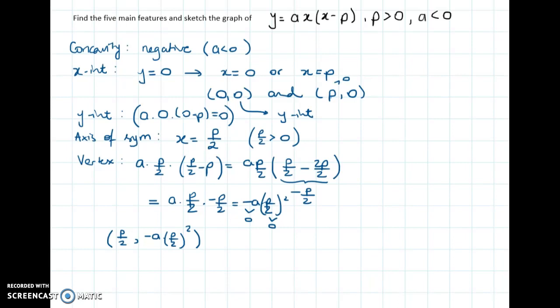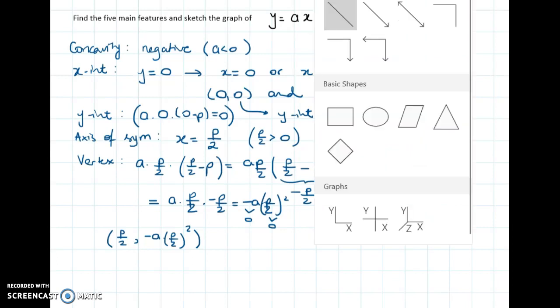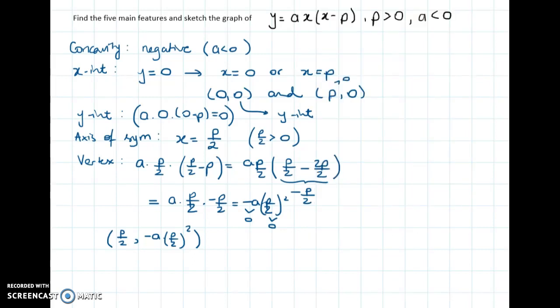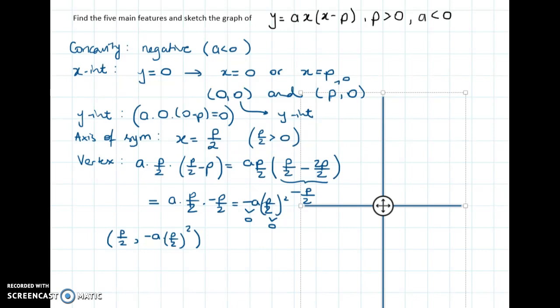Okay, so let's go ahead and sketch the graph of this function. Let's see over here. These are going to be my axes, and of course we don't know exactly what p is, but I'm going to position it here as a positive number.